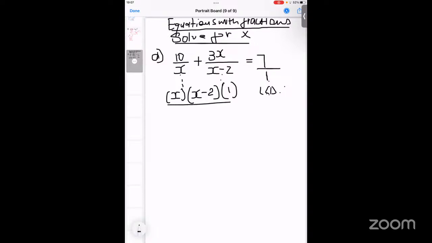by your LCD. Meaning that first term, 10 over x, you will multiply by that LCD. One thing for sure, the x will multiply with the 10 and it will cancel with that x. So it's more like you just rewrite everything but exclude the denominator.